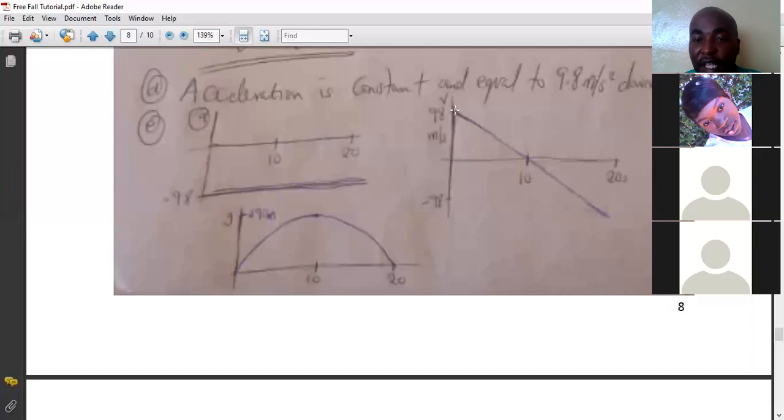The time at the highest point is here in the middle. Are we together?